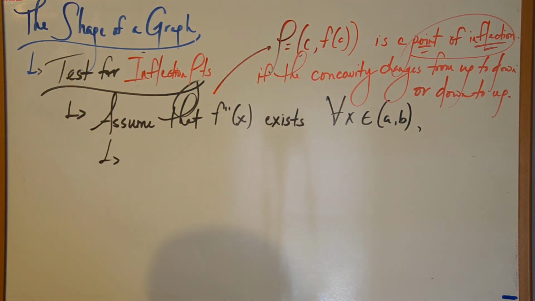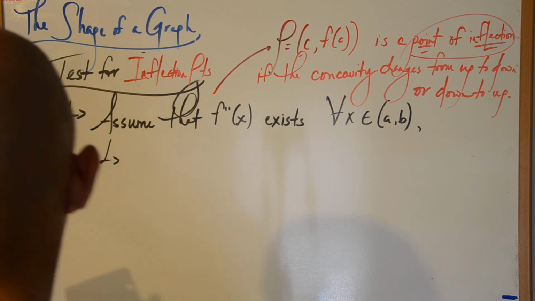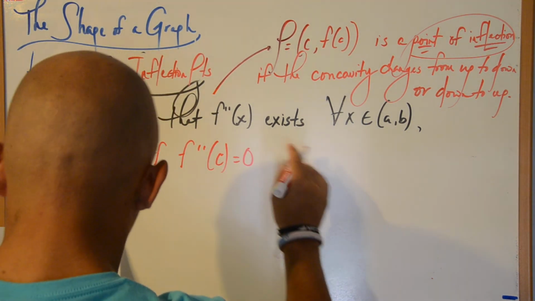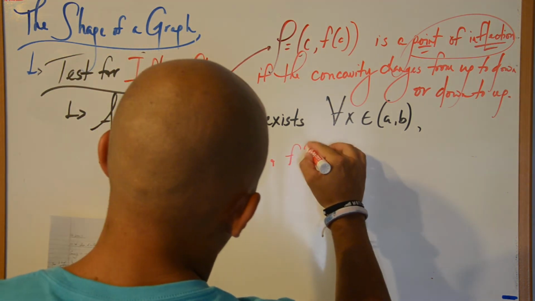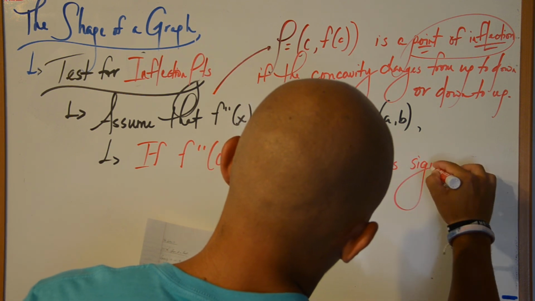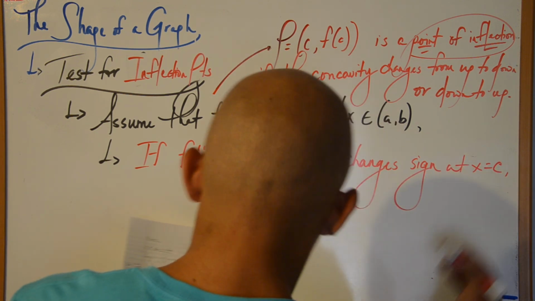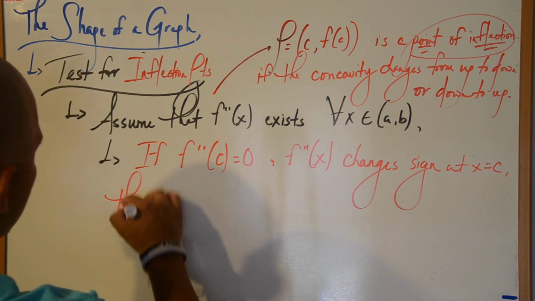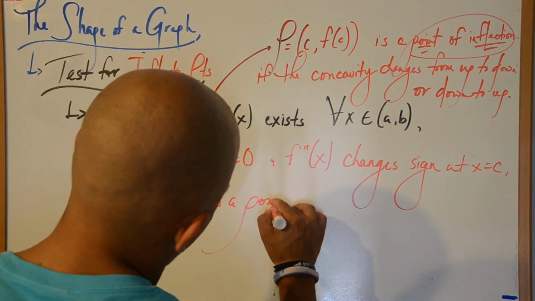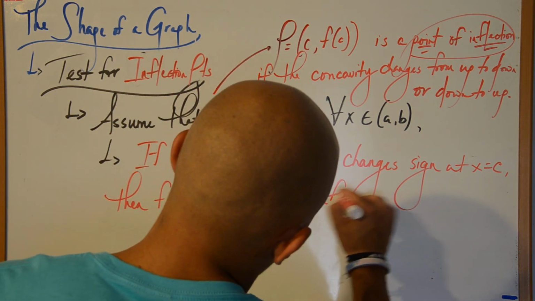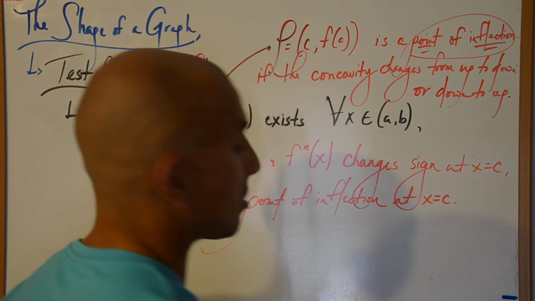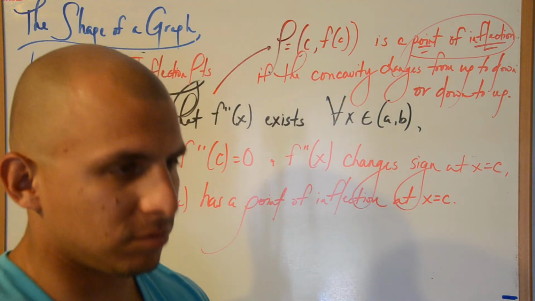So once again, we've got to assume that the second derivative exists. If f double prime of c is equal to 0, and f double prime of x changes sign at x equals c, then f of x has a point of inflection at x equals c. If it doesn't change sign, or if it's not equal to 0, well, no point of inflection.